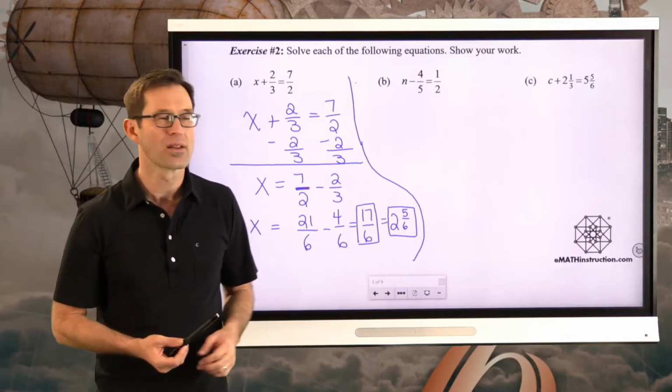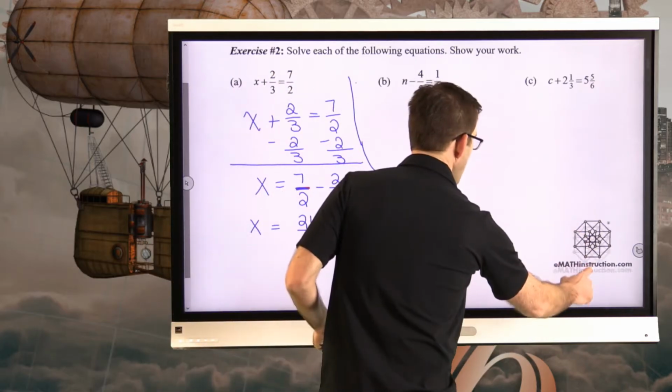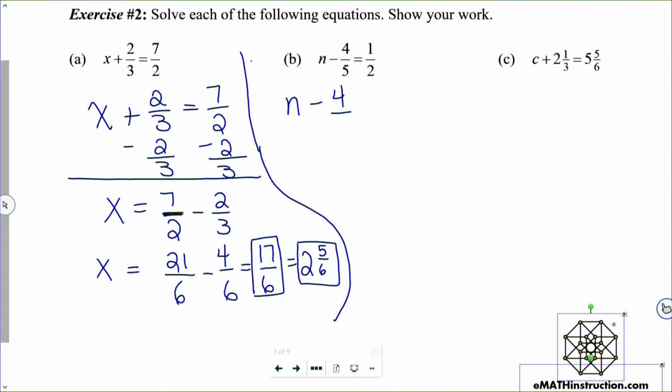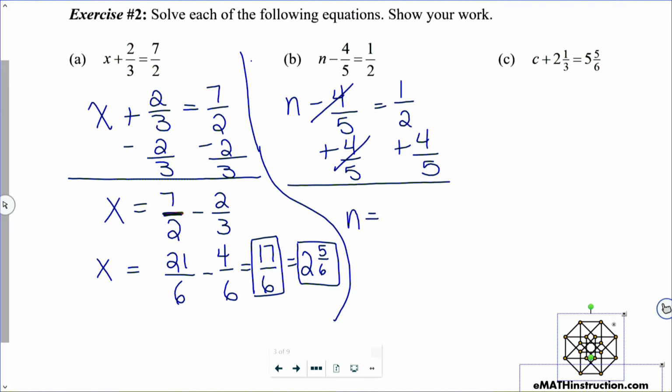All right, well, let's take a look at letter B. I'm going to move this down a little bit out of the way. So we've got n minus 4/5 is equal to 1/2. I'm going to add 4/5 to both sides because I need to undo subtracting that 4/5. On this side then I'm going to have n alone, and that's going to be equal to 1/2 plus 4/5.